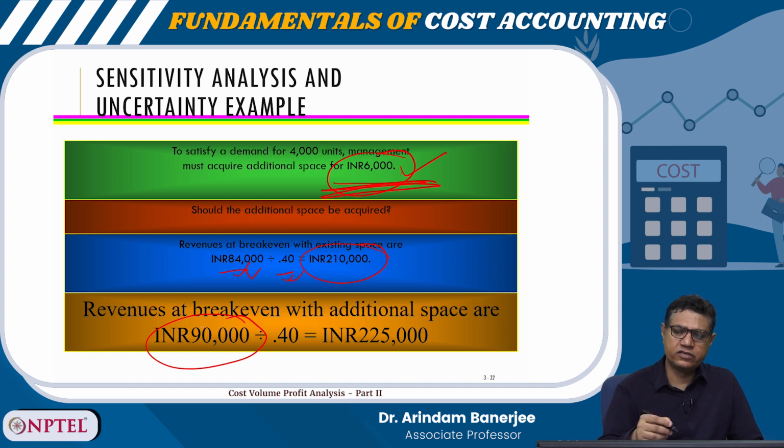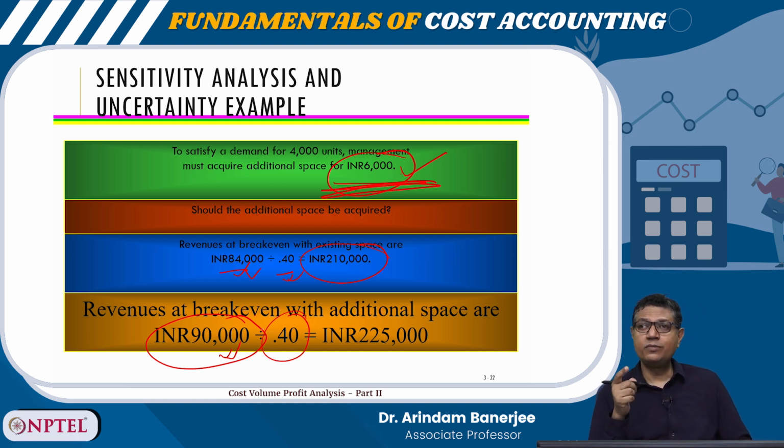So, what is the new fixed cost? 90,000, and the contribution margin we calculated, that is 0.4. This contribution margin is not changing. Why is it not changing? Because I am not changing selling price, and my other variable costs also are not changing. I am assuming that that will remain same in a given time period.